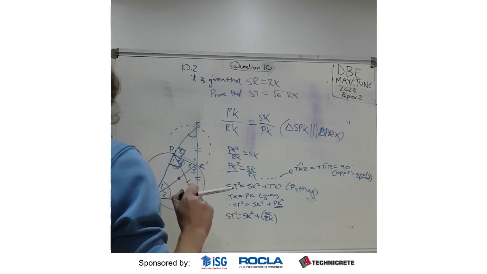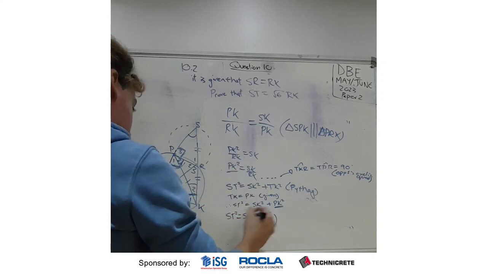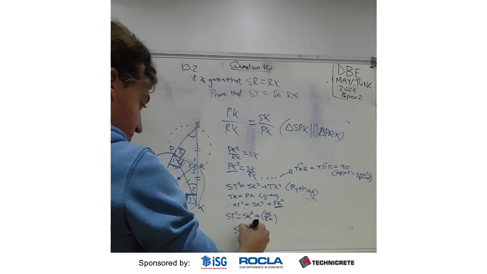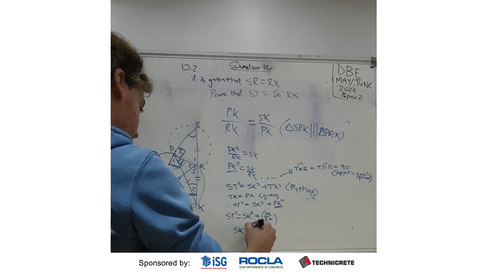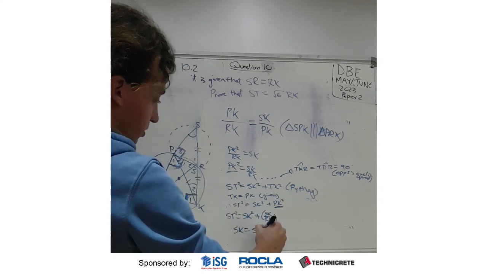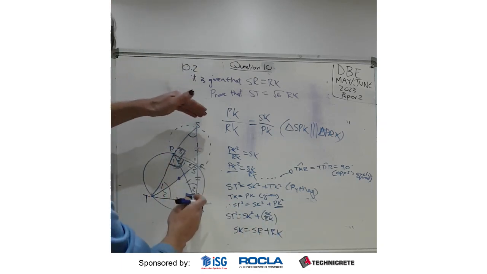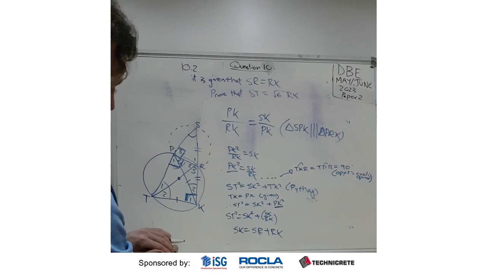But, right, so we have also further information here. SK is this line. We can see very easily this line is made up of these two lines, right?